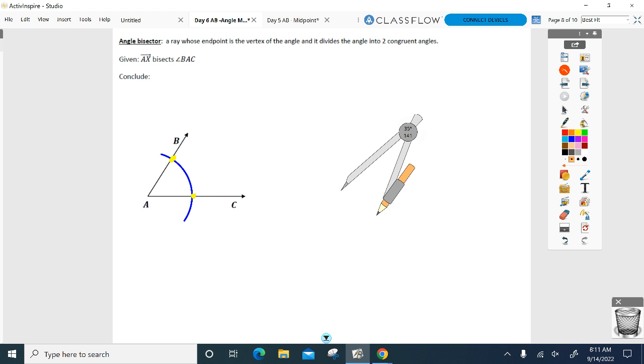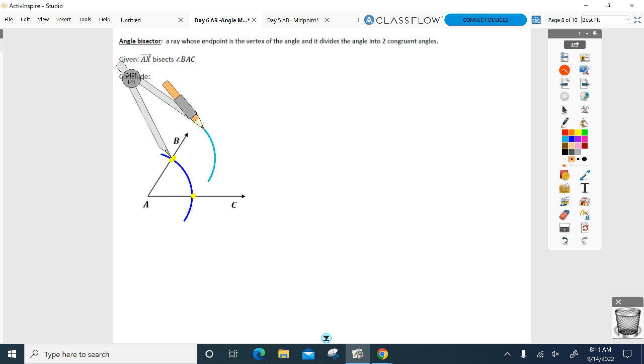Put your compass point on one of those points of intersection. Make an arc, not a big one, above your first one. You can keep your compass opening the same this entire time.